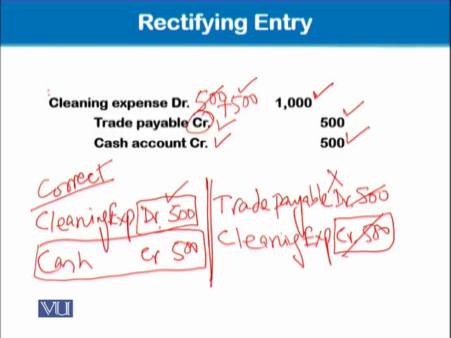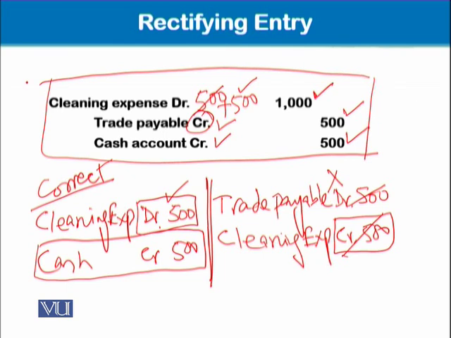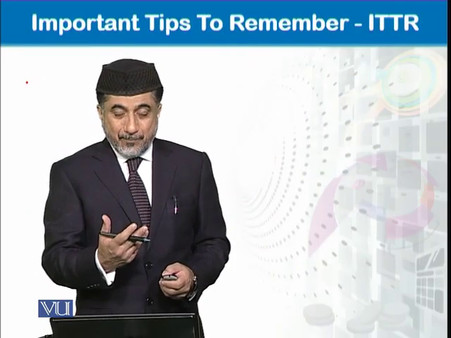So by doing this, we are done with this rectification, that cleaning expense should now be debited with 1000, trade payable should be credited with 500, and cash account will be credited with 500. So these were the few scenarios just to have a practice.